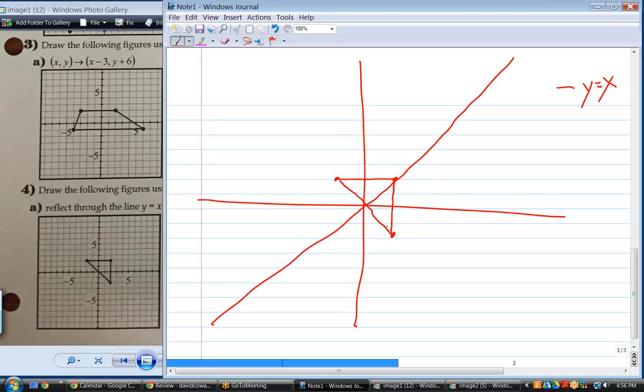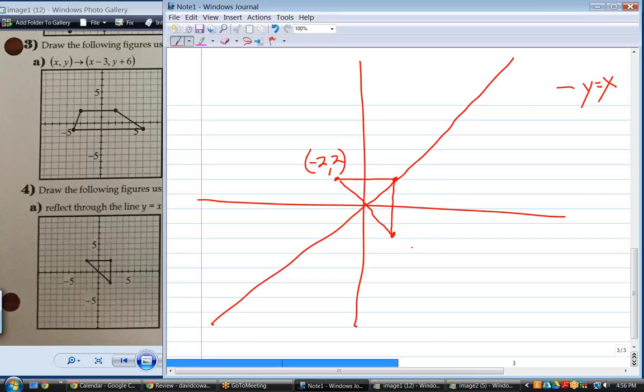There's two ways you can try to do this: you can try to reflect the entire triangle over the line, or you can do it point by point. What's the coordinate of that point right there? -2, 2. After I reflect it, it ends up down here.